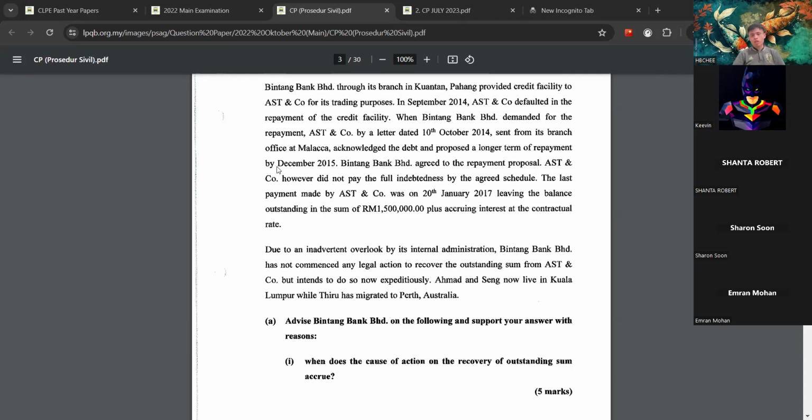So when we come to this question, we have to explain a little bit on the timeline and also discuss the fresh accrual of action. Okay?